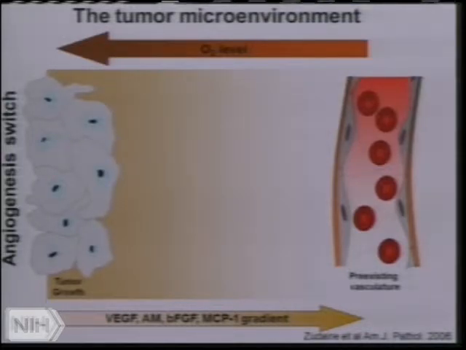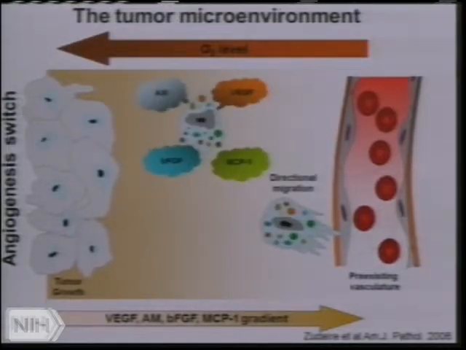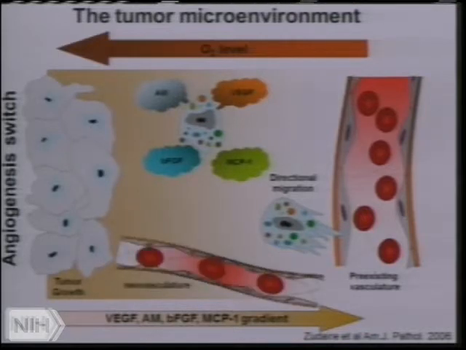These angiogenesis stimulators create a gradient towards this pre-existing vessel and induce the migration of inflammatory cells to the tumor microenvironment, where they can release additional pro-angiogenic factors, and then this angiogenesis process is enhanced, not only by the tumor cells, but by all of these components within the tumor microenvironment.